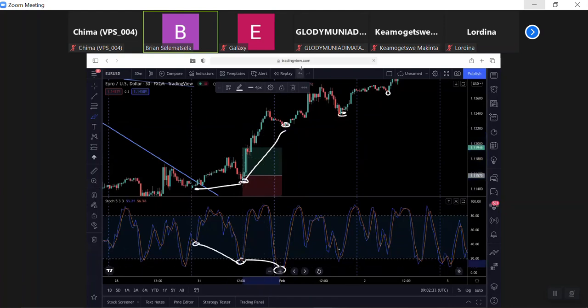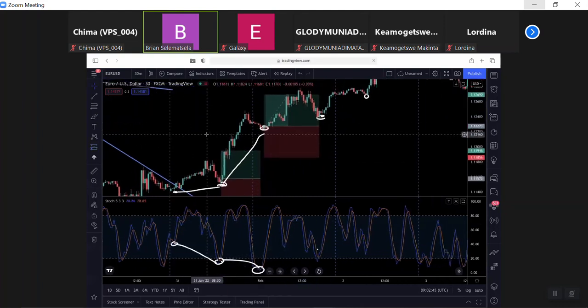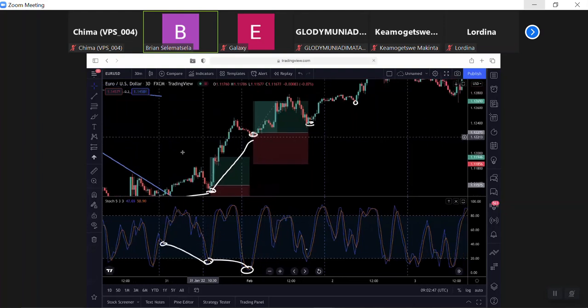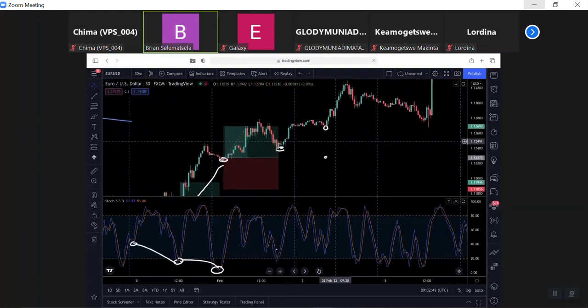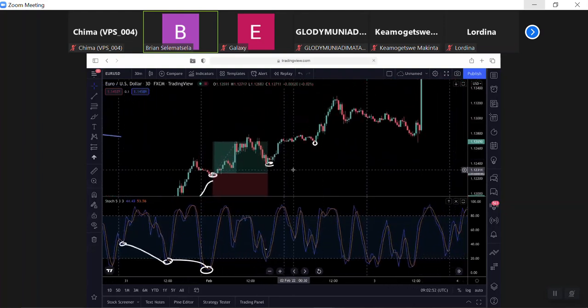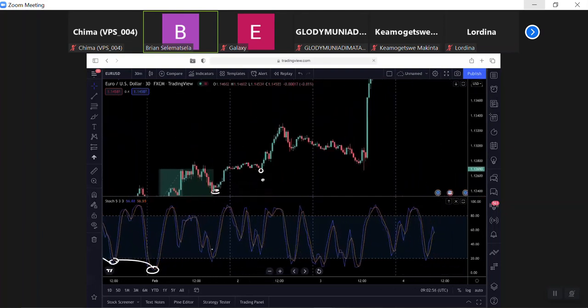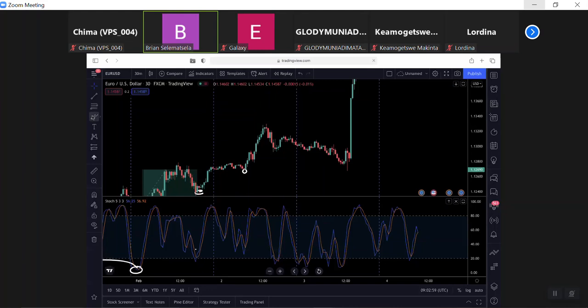You can see you're looking at a totally different thing. And after the crossing over, you're going to pile up your trades again from there. And as the market continues going, you're going to use the same principle, divergence.